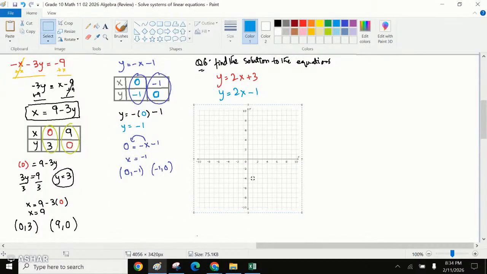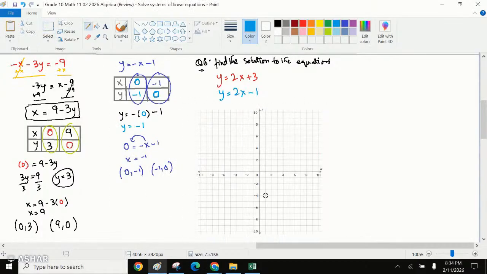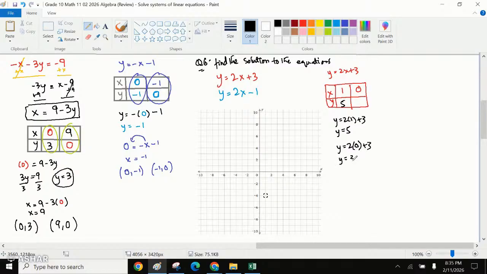For this question number 6, for the first equation, I can select any points. Selecting x and y, we can take 1 and 0 also. It does not make a difference. When we put 1 as x, 2 times 1 plus 3, y comes out to be 5. When we put x to be 0, y comes out to be 3.